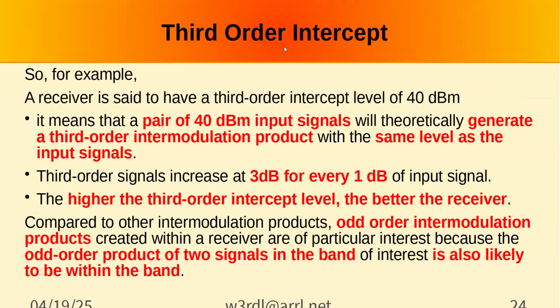If we have some 40 dBm input signals, and we have a third order intercept of 40 dBm, it means that those two signals are producing a third order intermodulation product where the third order product is equal to the primary at a level of 40 dBm.